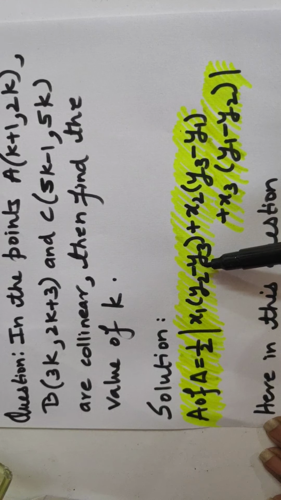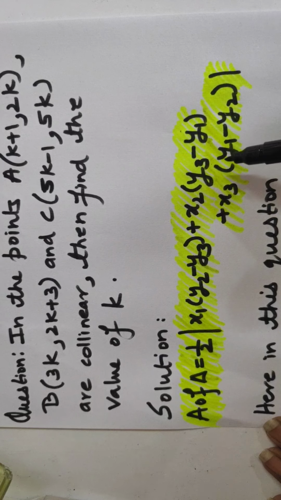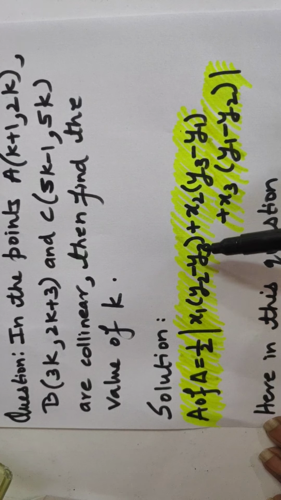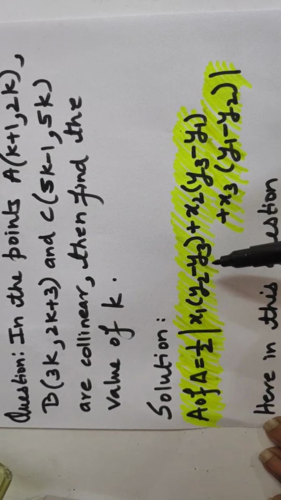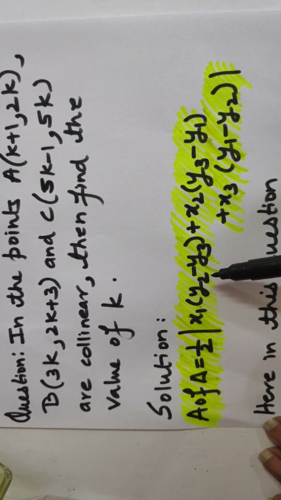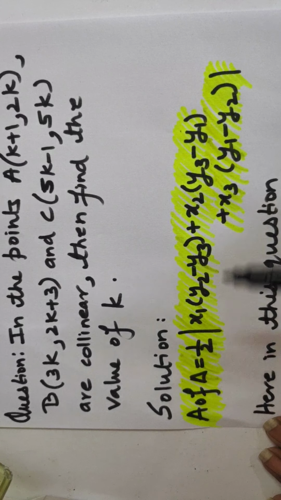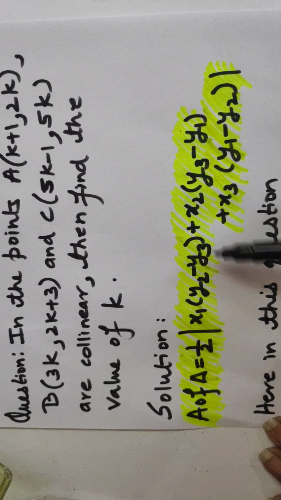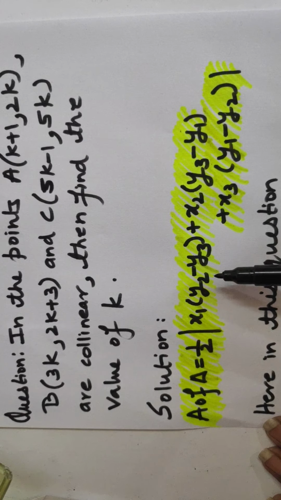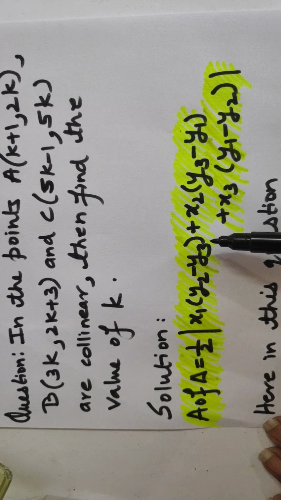Now what will come in the bracket? The ordinates will come in the bracket, meaning the values of the y coordinates. Since x1 is here, y1 will not come in the bracket. We move clockwise like a column, 1, 2 and 3. Since 1 is here, y1 will not come, so y2 minus y3.